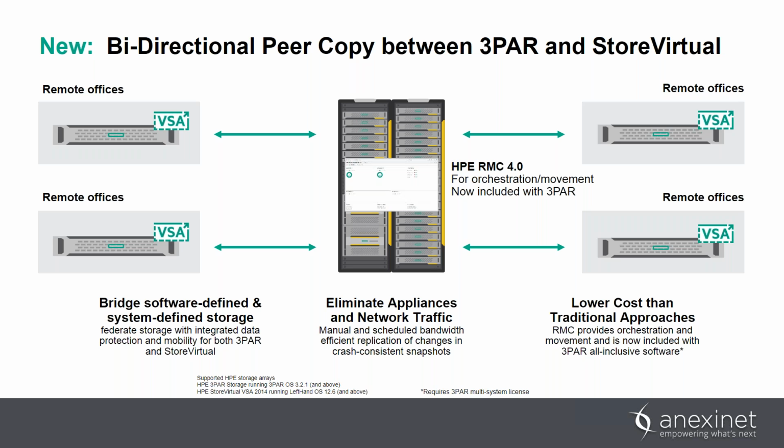So this is really bridging the software-defined and system-defined storage together, helping to eliminate appliances and reduce network traffic by having efficient replication via crash-consistent snapshots. And it's a lower cost than traditional approaches. Instead of having to put 2 3PARs out there, if you have a need where a VSA at a remote office could support that, you're able to do that solution at a much lower price point.